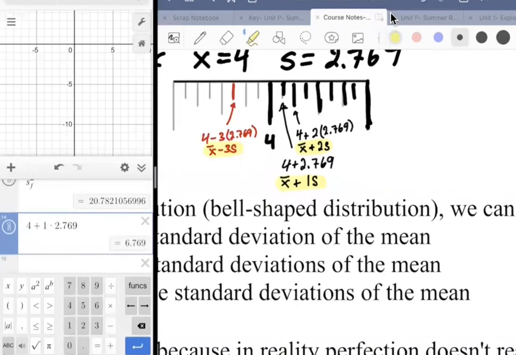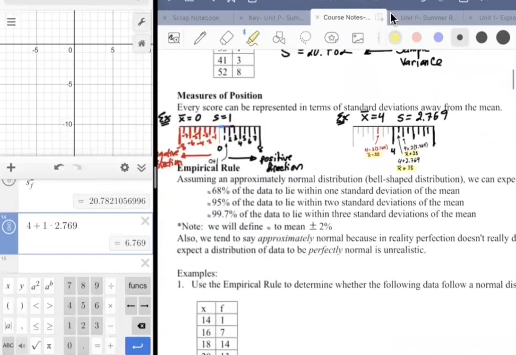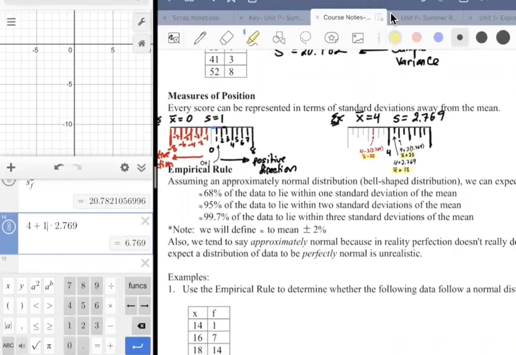It can be a little much. We don't want to have to label out an entire ruler with new metrics. So we just think of it in terms of standard deviations, because the underlying principle would be the same. You would just be changing the values along the way. There's other little shortcuts in Desmos that'll get us there, but that's the gist of this idea of measure of position.